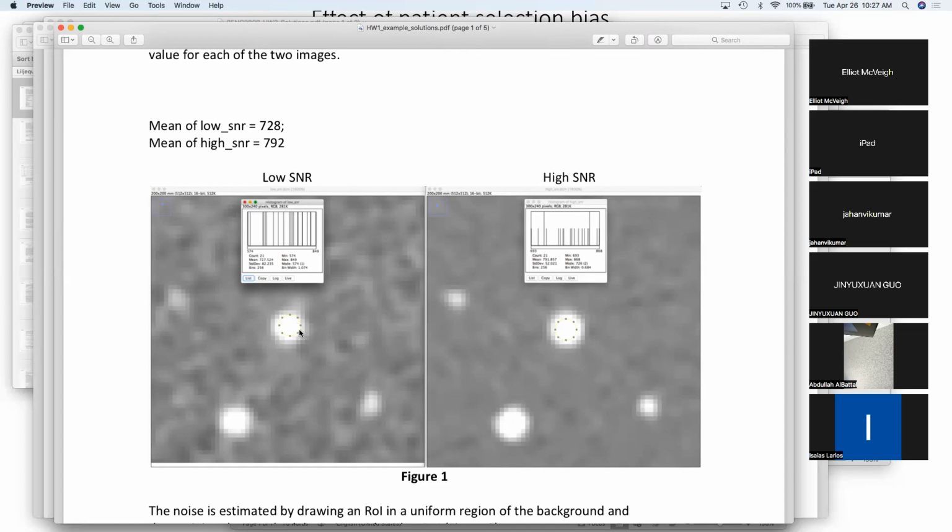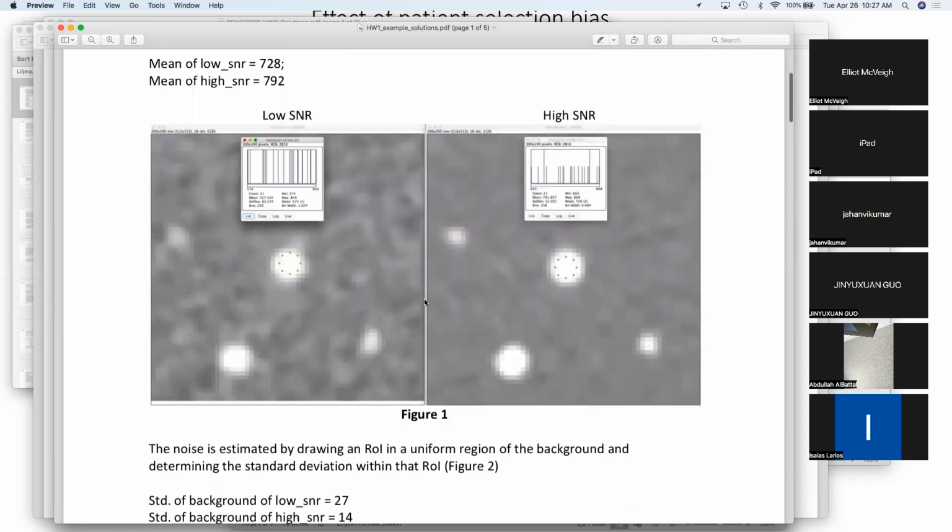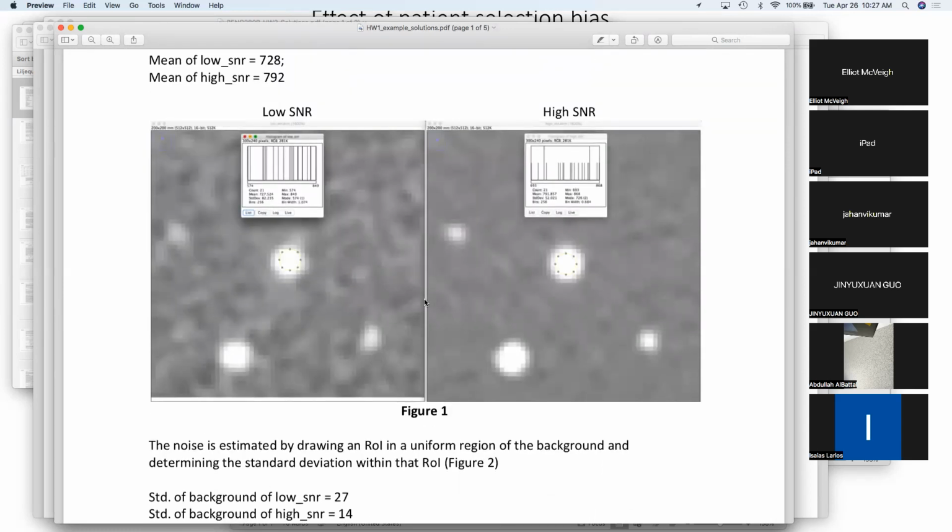When I measure the mean across this, it should be constant in there. My estimate of the mean will have lower accuracy than when I do it over here, because I have less fluctuation in there. Okay, and here we're calling it signal to noise because we assume the background is constant, right?